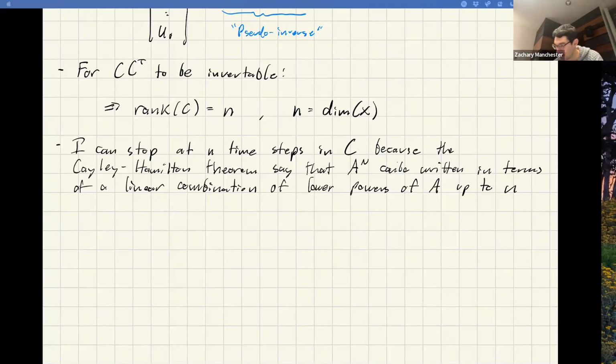Specifically, it says A to the n, for any arbitrary n, can be written as a sum from k equals 0 to n minus 1 of alpha k A to the k, for some linear weights.